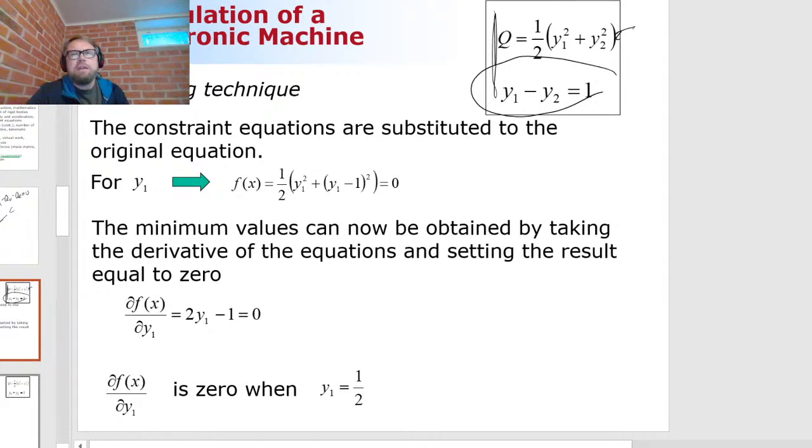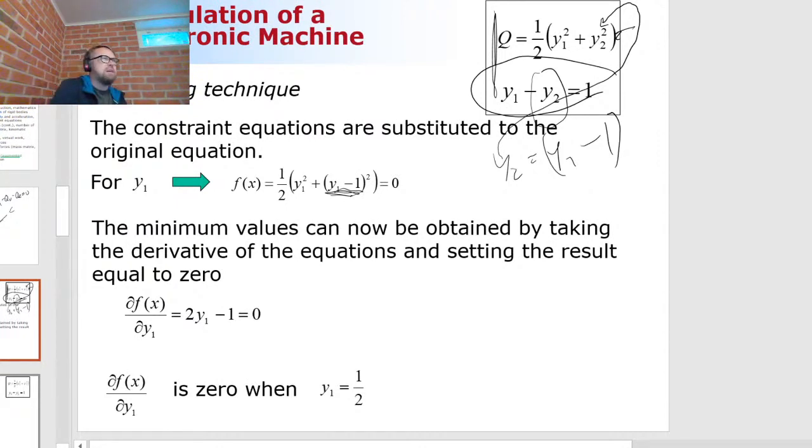So what I will do then is that I solve u2 from this equation, which will be u2 is equal to u1 minus 1. Let's put it in a parenthesis. And that then is substituted here, exactly like that is made here. So this is my equation where the constraints are fulfilled. They are fulfilled because they are substituted inside. So they are automatically fulfilled.